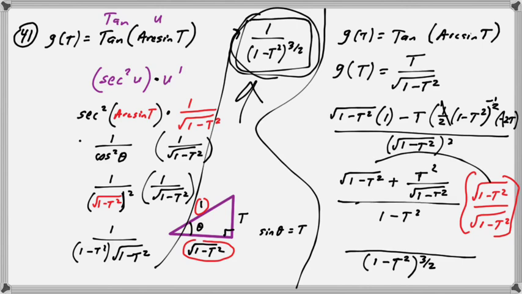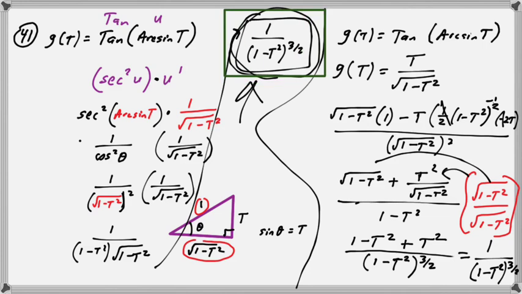What would that give me? 1 minus t squared plus t squared. So what do I end up with on top? Just a 1. So notice we get the same answer, whether we did it that way or this way. Takes a little practice. This is hard because you're doing the tangent of an arc sine.